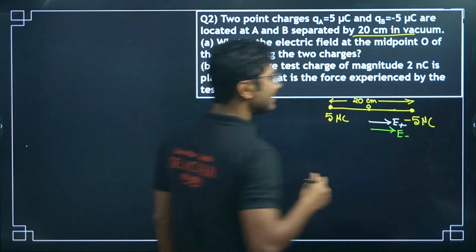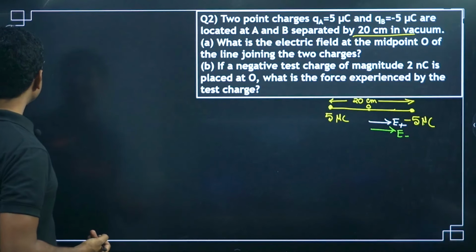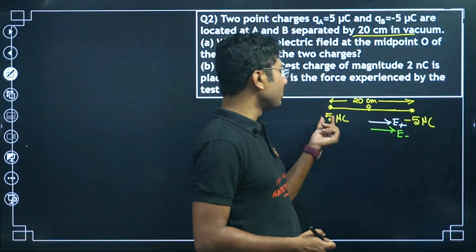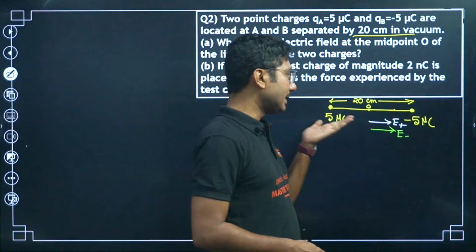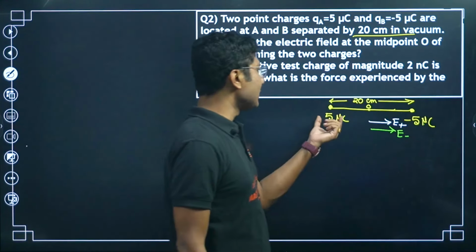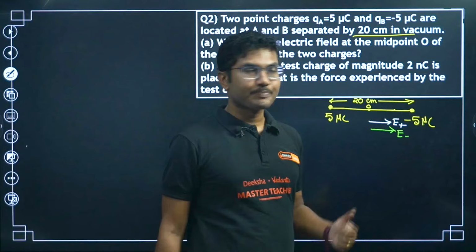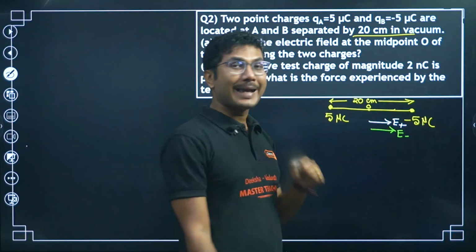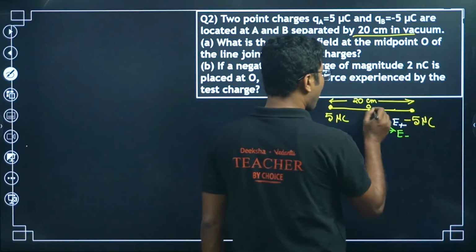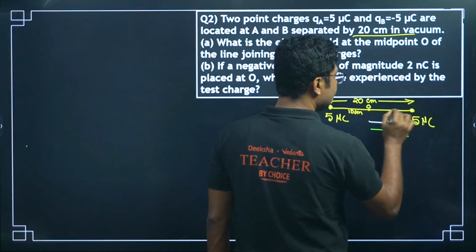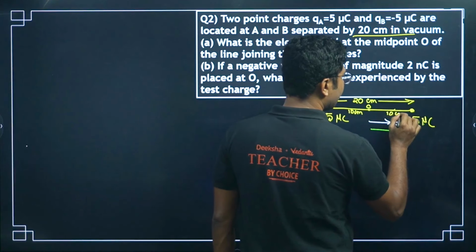If you understand this simple concept, then any similar questions you will be able to solve. So in this case, both plus and minus electric fields are in the same direction. And not only that, because the charges are of the same magnitude, they will also have the same magnitude of field. At the midpoint, this distance is 10 centimeter, this distance is also 10 centimeter.